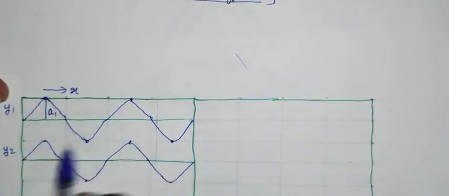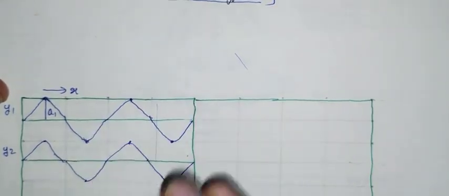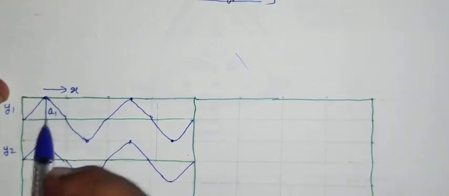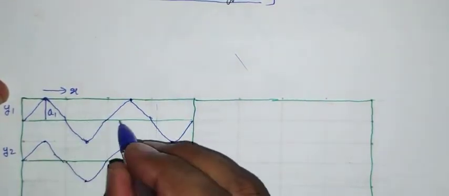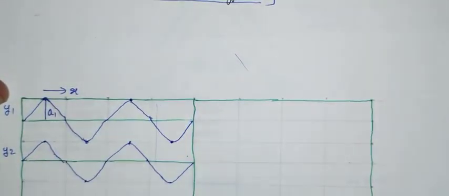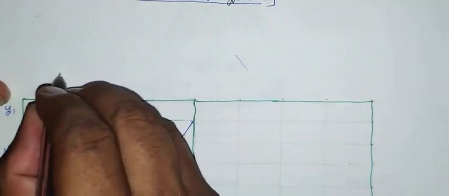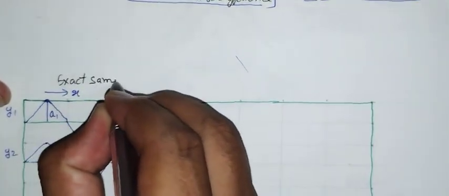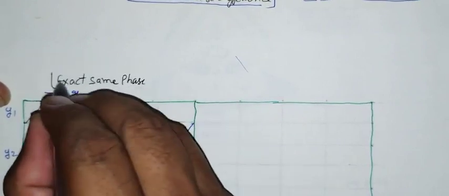Look at the medium particle here: how will the resultant wave form and how will the medium particle be displaced from the mean position? This green line is for the mean position. If this is the situation, then both waves are in exactly the same phase.